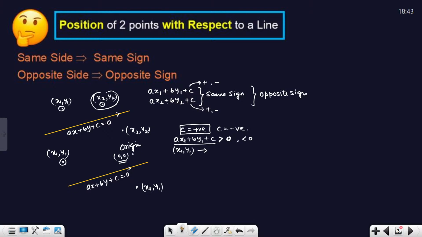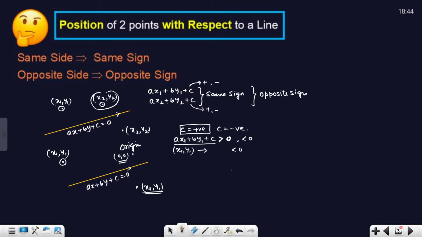It is on the opposite side of the given line. Okay? And if you find that C is negative, but this expression is also negative, it means that this point x1, y1 is lying on that side which contains the origin.